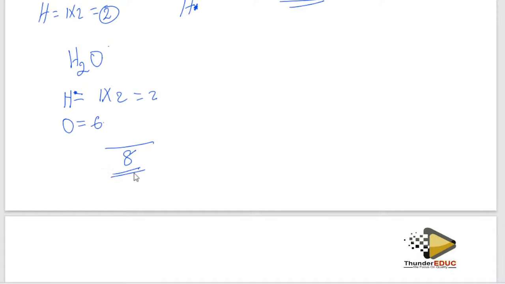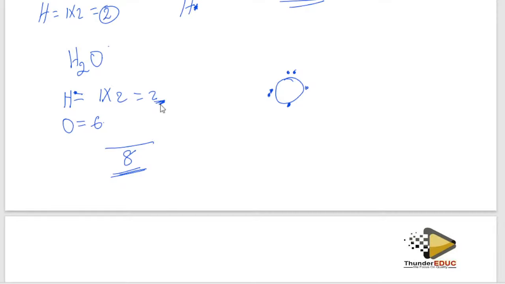So when I'm drawing the Lewis diagram, I must have 8 electrons, 6 from oxygen and 2 from hydrogen, meaning that I'm going to have oxygen. The oxygen is going to have how many electrons? First distribute them equally, 1, 2, 3, 4. Then after 4, you start to pair them. 5, 6.